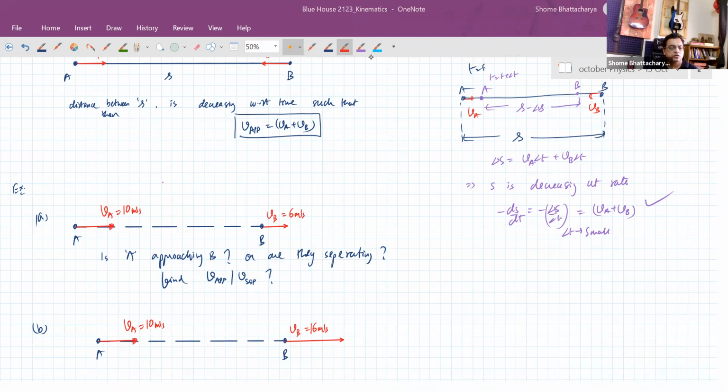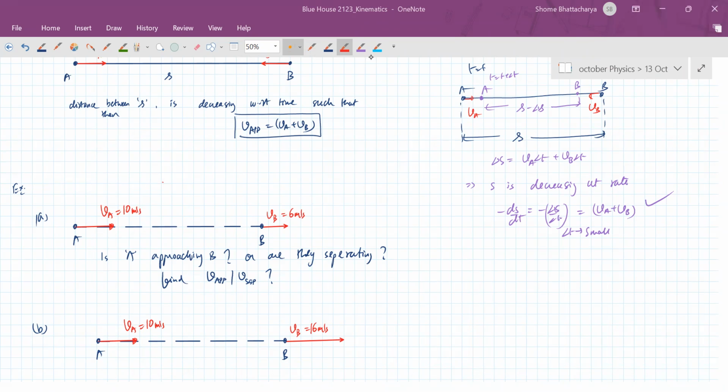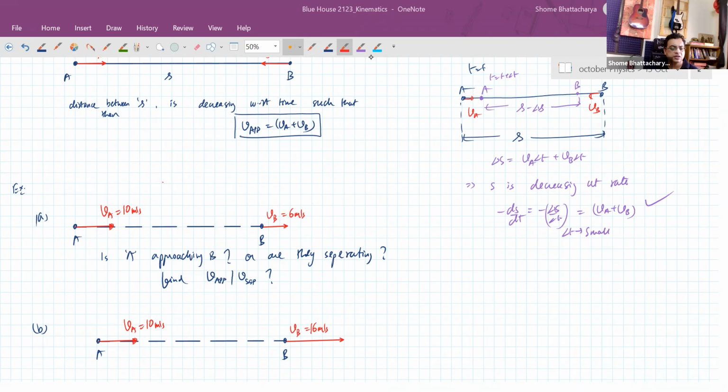Jinendra, that's correct. Now, what about the B part? So they're separating. Yes, in B part, you can see the distance between them will be increasing because B is moving away at 16, whereas A is approaching B at 10. So between the two of them, as far as relative motion is concerned, there is a separation happening at the rate of 6.